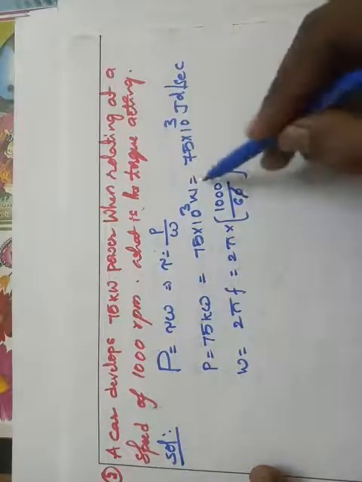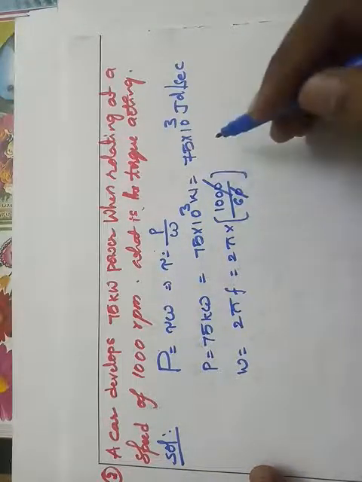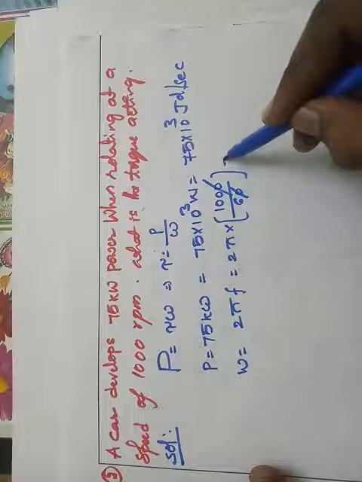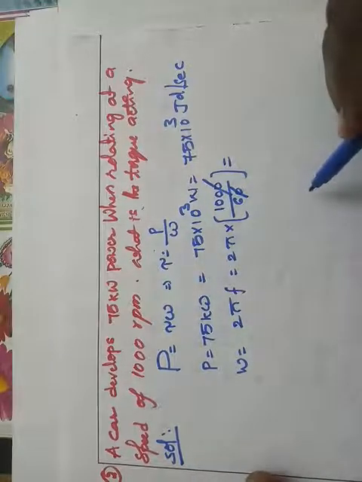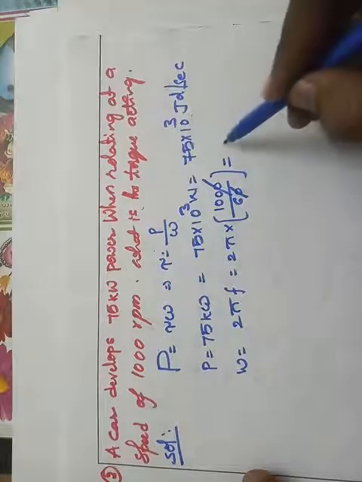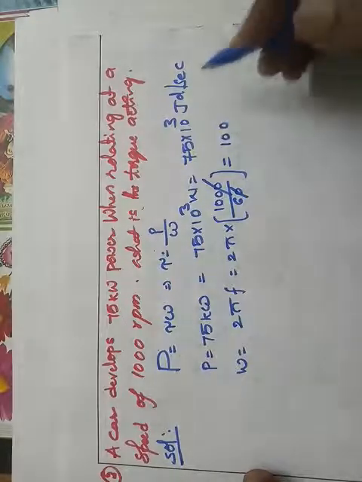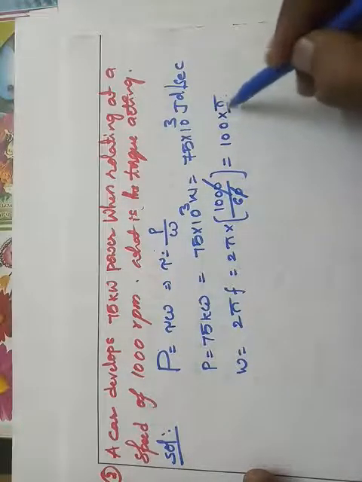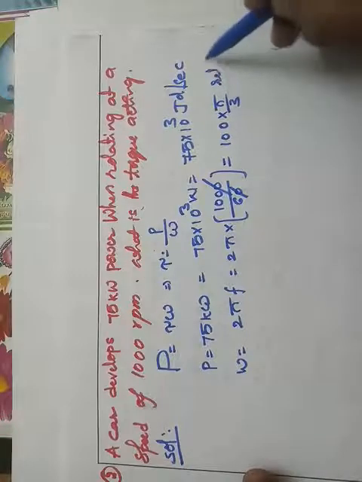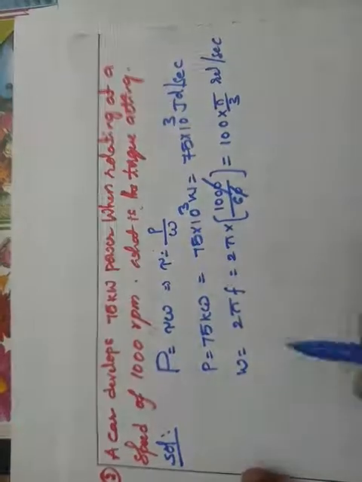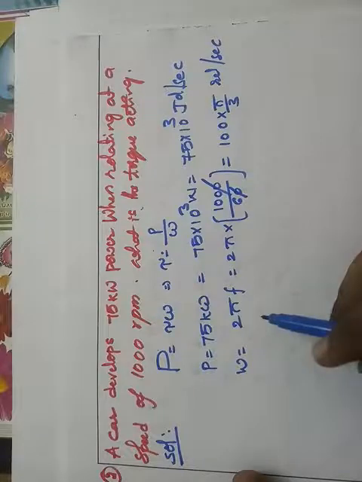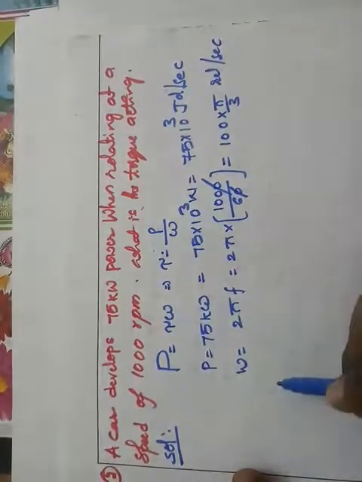So what we get here is 100 into pi by 3 revolutions per second. Okay, and substitute these two values in the above equation.